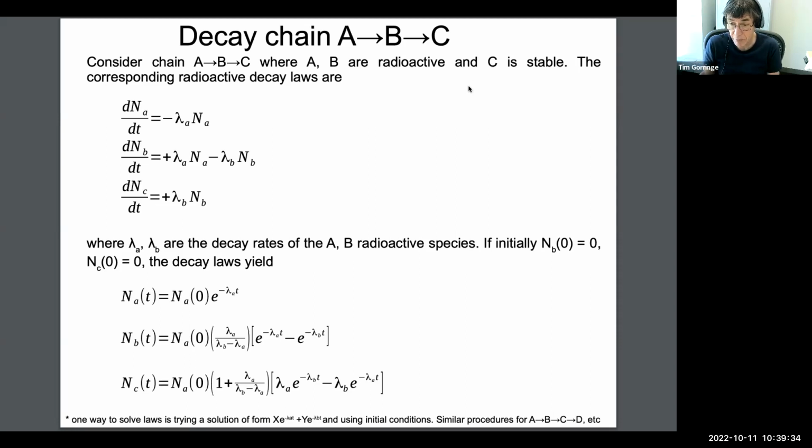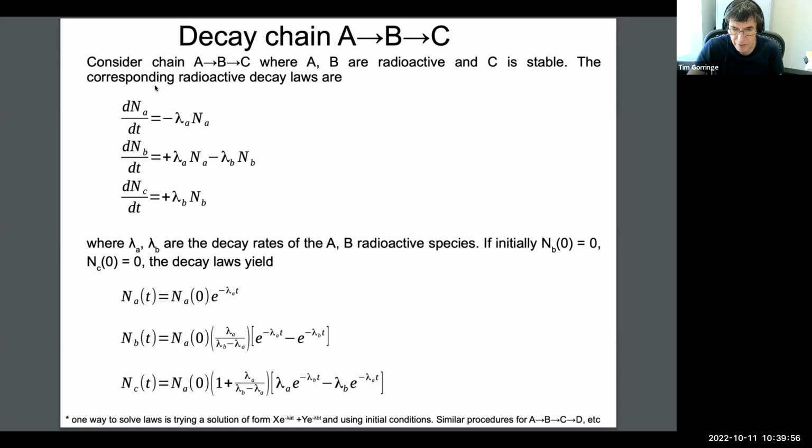This is the simplest radioactive decay chain. And we're going to look at the equations that describe this one, and they're quite complicated. Imagine if you had a more complicated radioactive decay chain, like the uranium chain, like the thorium chain, then you'd have even much more complicated equations.